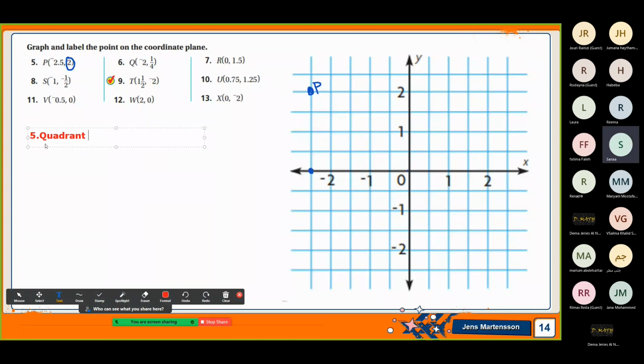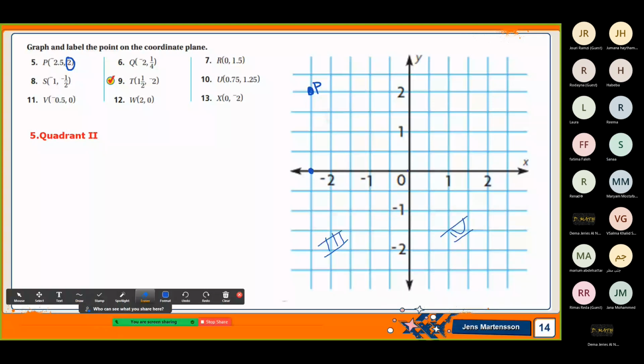I can't remember where is 1 and where is 2 and where is 3 and where is 4. It's in quadrant 2. Here is quadrant 1. And here is quadrant 2. Here is quadrant 3. And here is quadrant 4. Okay, thank you, Sana.